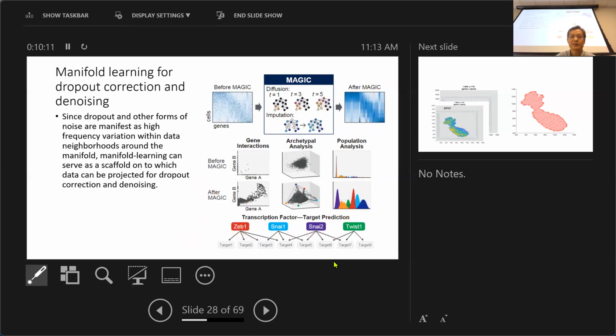They also have some examples if you read their original paper. Because you have values, you get the power to understand the relationship between transcription factors and their targets, because the correlation between them can be more readily established compared to vectors full of zeros.